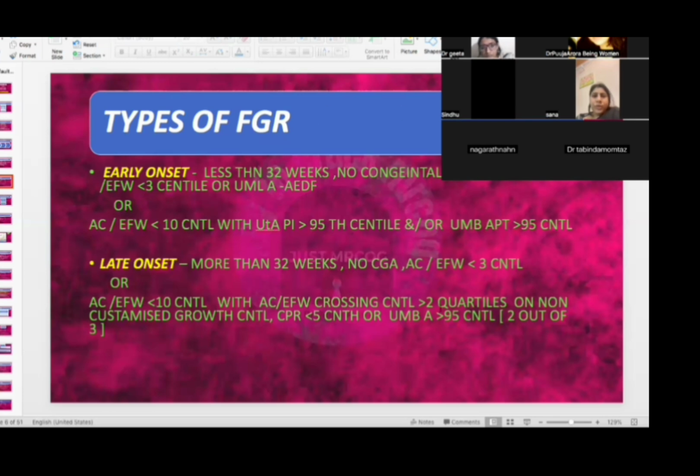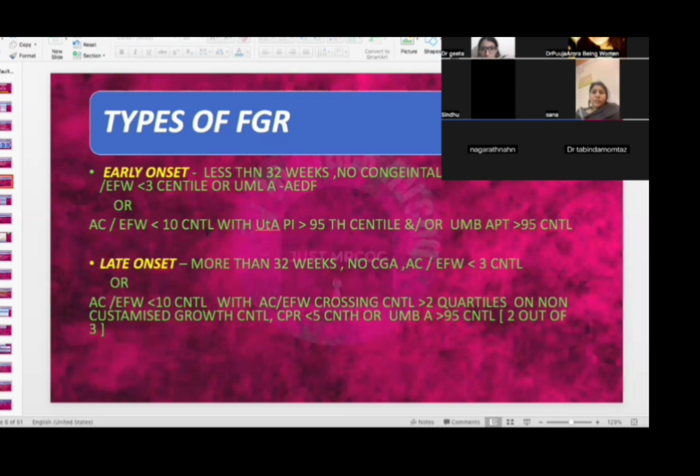Second is when CPR is less than 5th centile, or umbilical artery mean PI is more than 95th centile. So if AC or estimated fetal weight is less than 10 centile, one has to have a minimum of 2 criteria out of these 3: crossing centile more than 2 quartiles, or CPR less than 5, or mean PI for umbilical more than 95. Having less than 10 centile alone is not enough to diagnose, so one has to have 2 more criteria. I hope I'm clear about early onset and late onset.